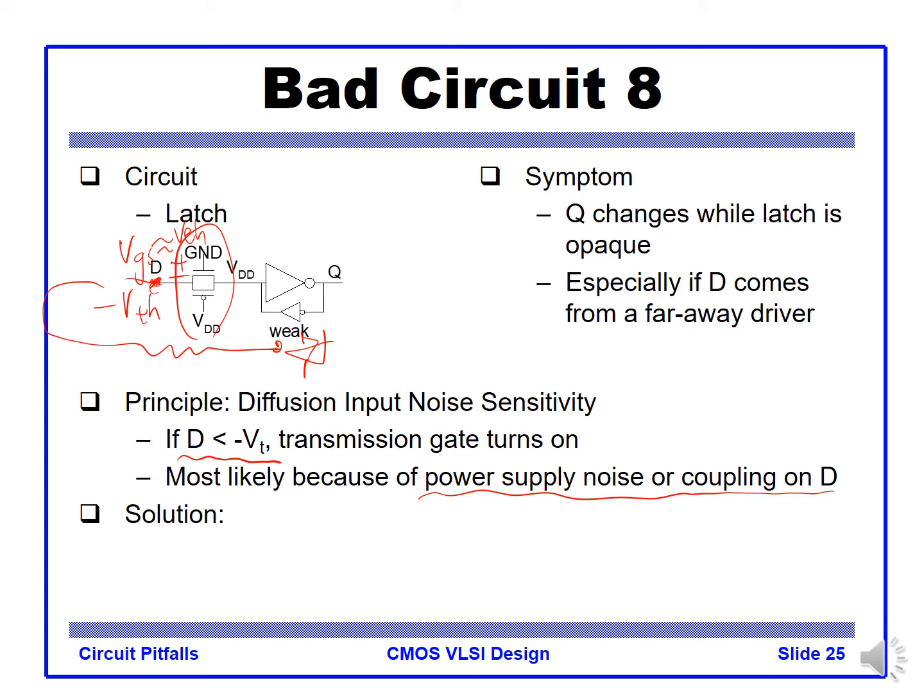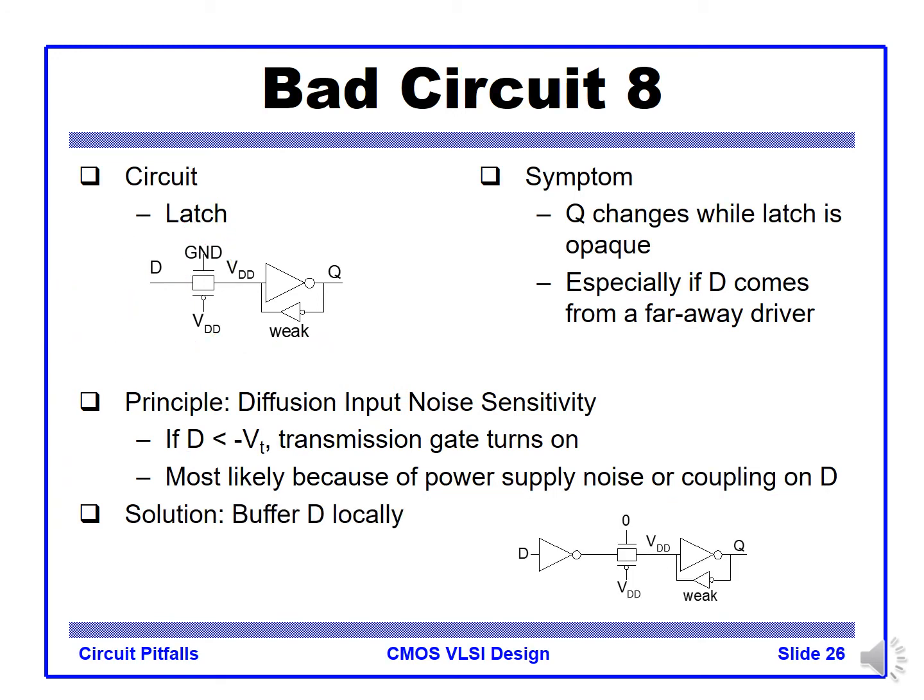So how do we solve this? We add a buffer internally there, so that even though the D goes below VTH, the abnormal behavior doesn't happen, because the input directly goes to the gate capacitance, the gate of the NMOS and PMOS.